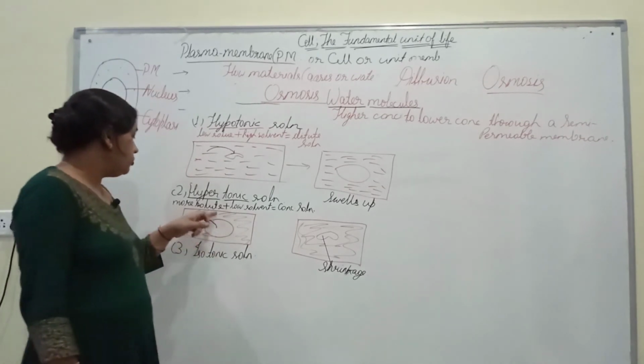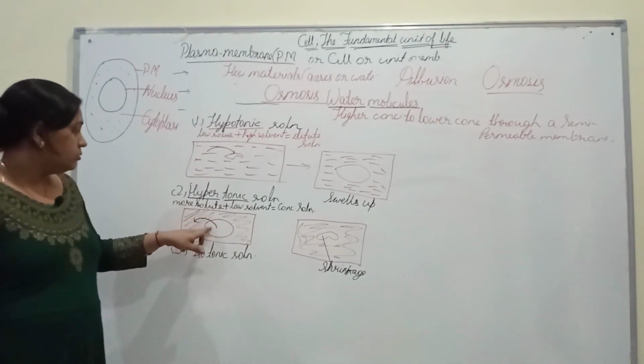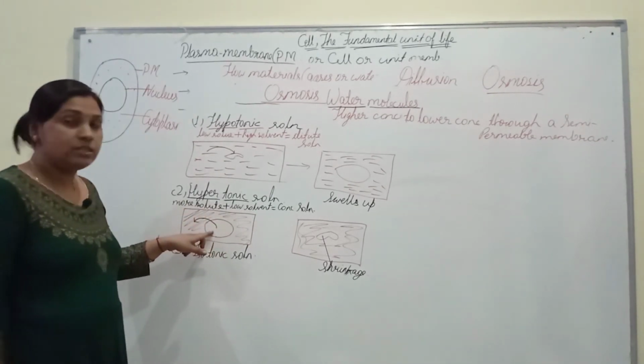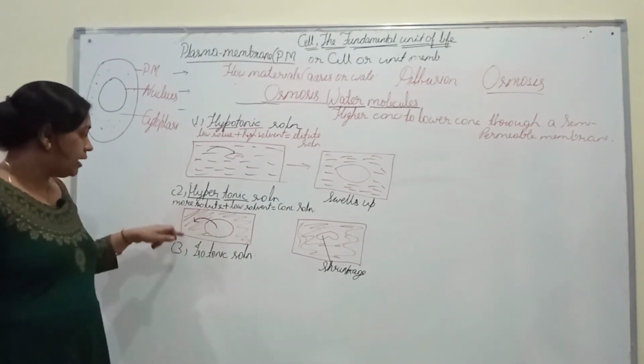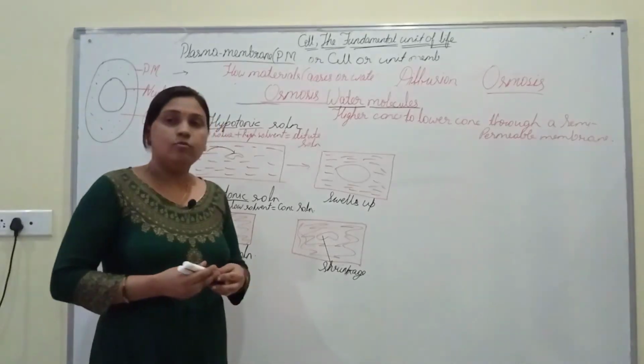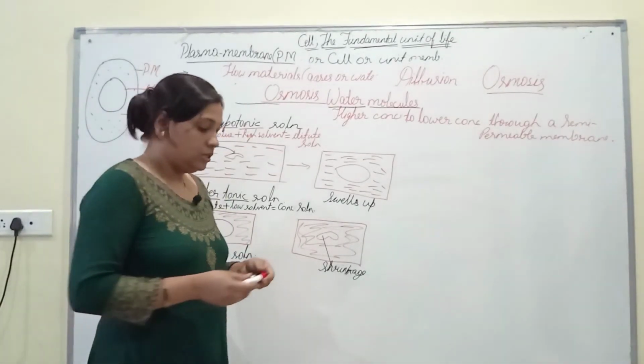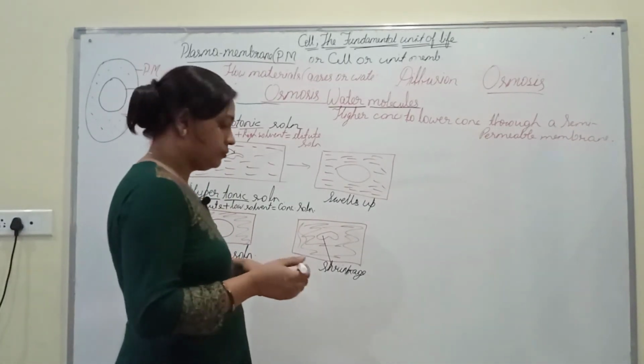Water inside this raisin or cell is higher than the surrounding, so it will move from higher to lower concentration, and the result is that the raisin shrinks up.